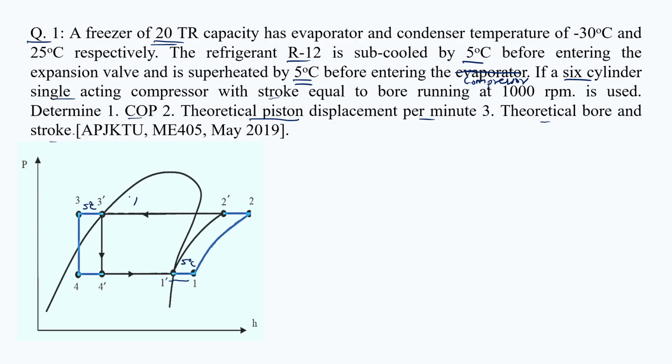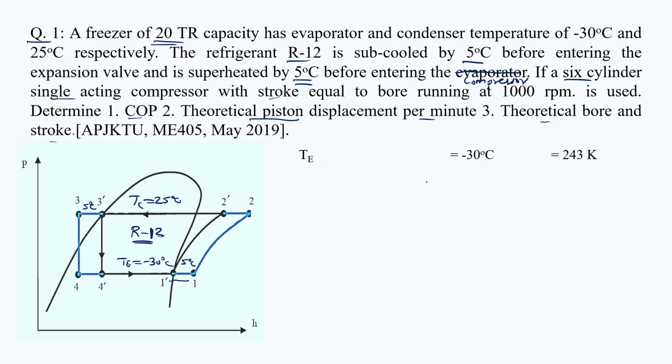The upper horizontal line lies at the condenser temperature of 25 degrees Celsius, and the lower line lies at the evaporator temperature of minus 30 degrees Celsius, and the refrigerant we are going to use here is R12.